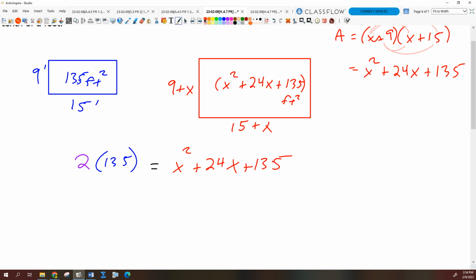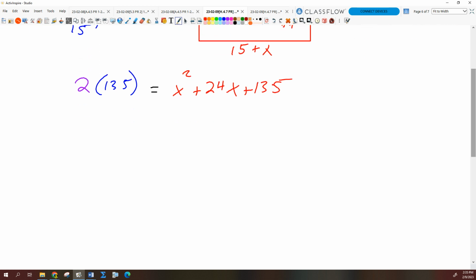Okay, now what am I going to do from there? Yeah, right. I'm just going to have to put this into standard form and solve. Okay, so 270, this just is 270, right?